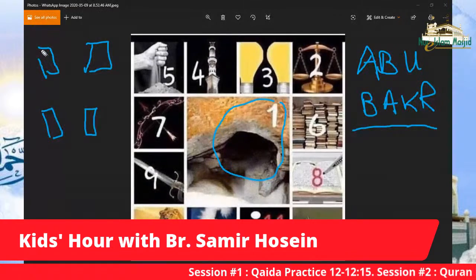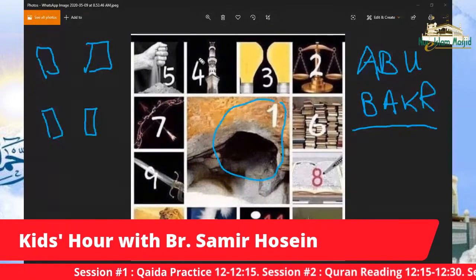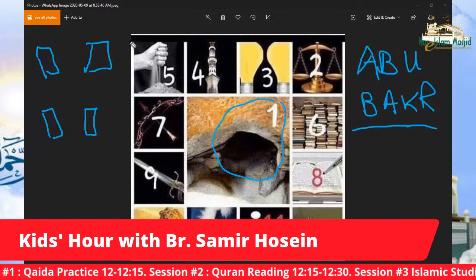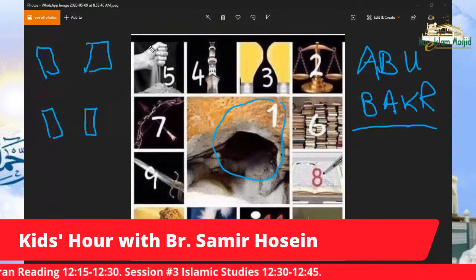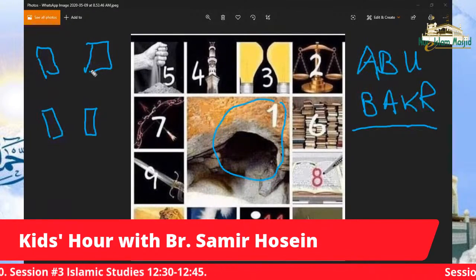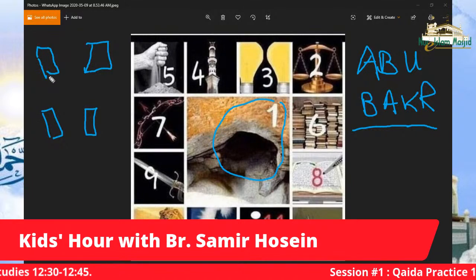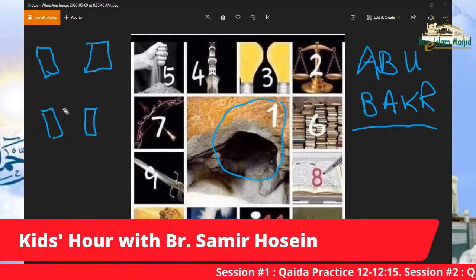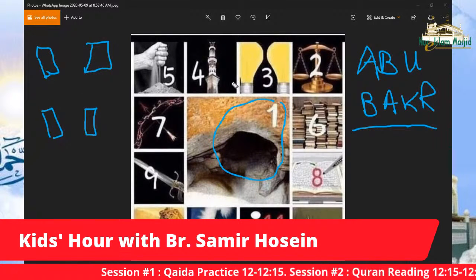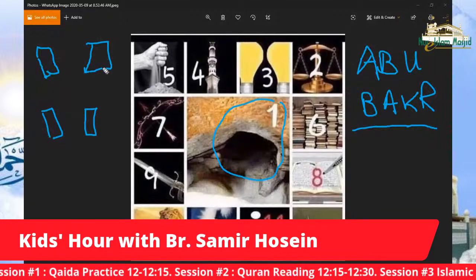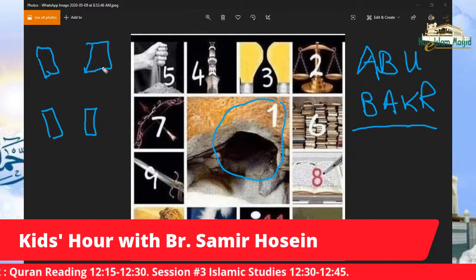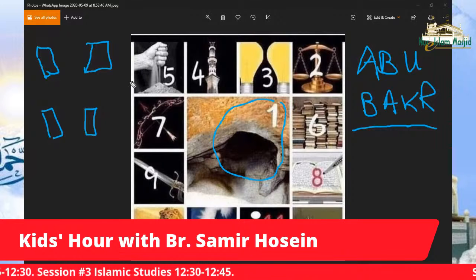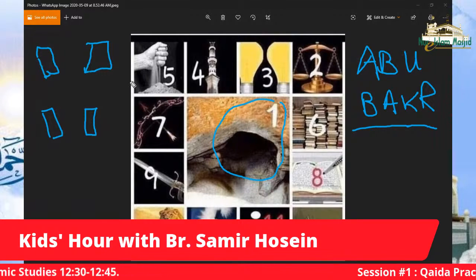And Abu Bakr radiyallahu anhu has achieved such a high status because of his sacrifice, because of his worship of Allah, because of that which he has done, that all of the doors of Jannah will be calling out to Abu Bakr to come through, right? They'll be wishing that Abu Bakr radiyallahu anhu will go through their door. He will be allowed to go through whichever door that he wishes, right?